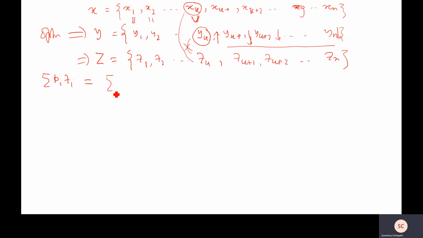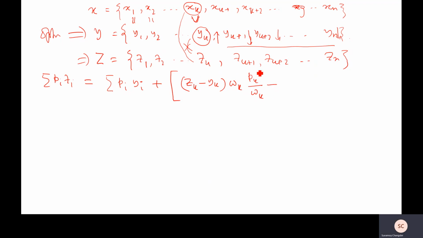So we have considered the sum of all the yi pi by wi, plus we have earned a profit of zk minus yk. This much of value we have increased, multiplied with wk, then multiplied with the profit weight ratio.